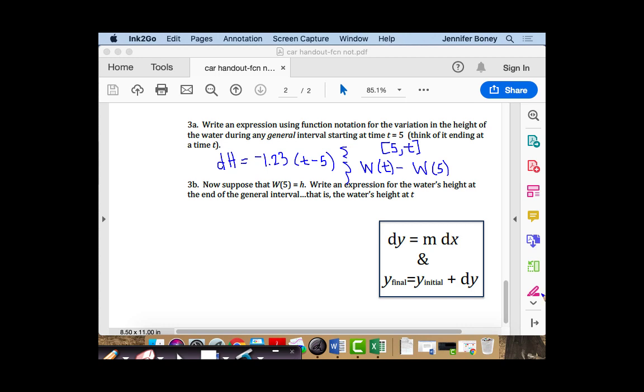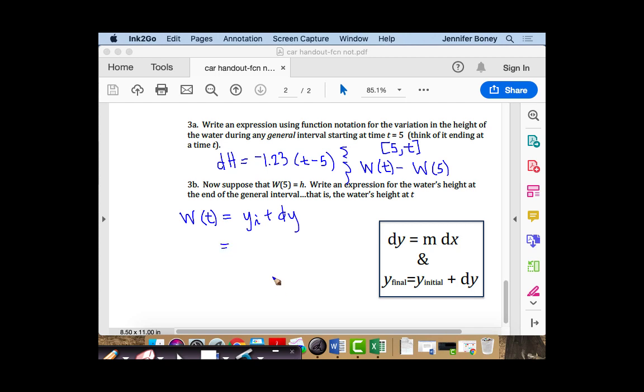So if w of 5 is h, lowercase h, and I want to write an expression for the water's height at the end of this general interval, that is, I want to write an expression for the height of the water at time t, and I know what this number is, and I know what dh is. Here, y initial plus dy.